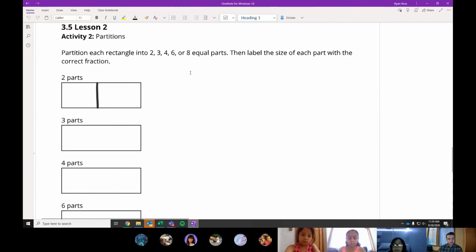We're then told to label the size of each part with the correct fraction. Camila or anybody else, what is the fraction that represents each of those 2 pieces? Let's go with Eileen here. Camila just earned a point. I want to spread the love around. Eileen gets a point too. What is each of these pieces in fraction form, Eileen?